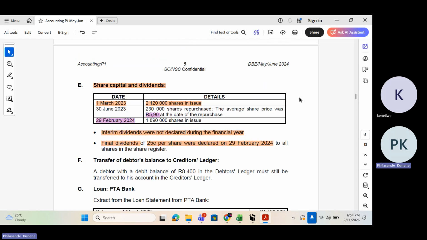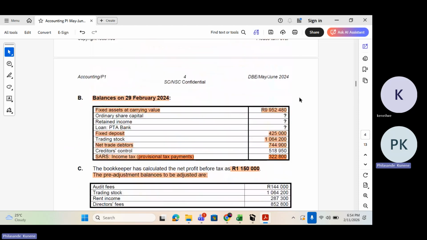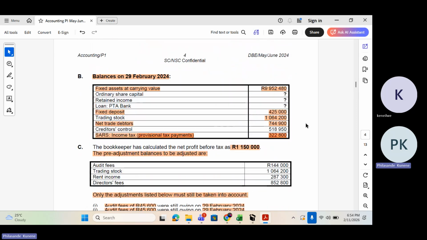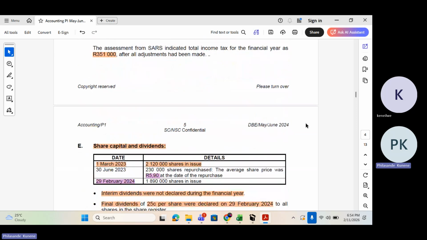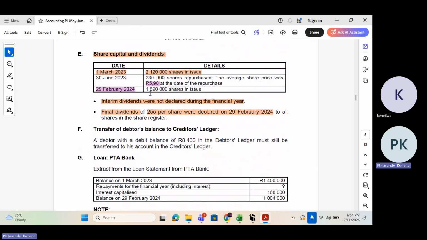Looking at the balances that were provided, they didn't give us ordinary share capital. So for me to calculate my ordinary share capital at the end, I can take 1,890,000 multiplied by 5 rand 90.